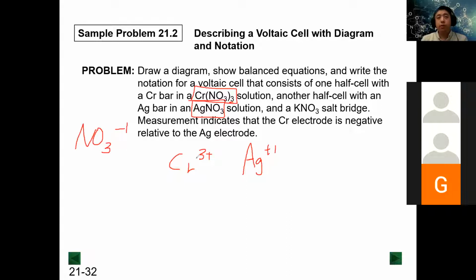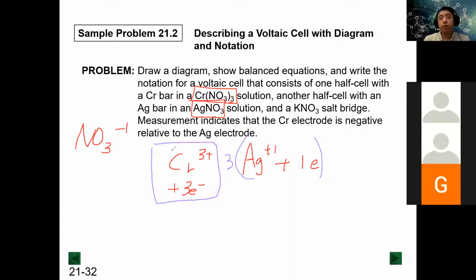So with that information, I know that I need to add 3 electrons for this chromium, and I need to add 1 electron for the silver. So if I'm going to balance this equation, I know I need to change this number to a 3 so that the number of electrons is equal on both sides. This is just a setup for these two right here. So there should be chromium 3+ plus 3 electrons, 3 Ag+ plus 3 electrons. Some combination of these two things.